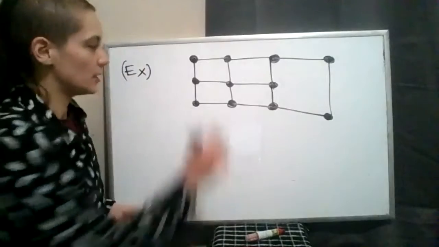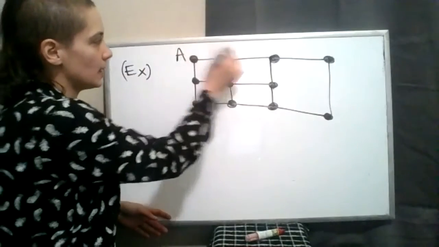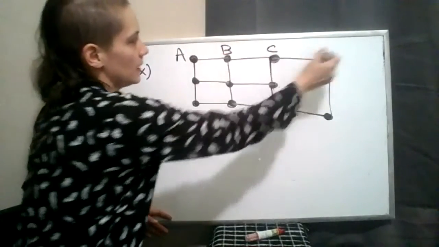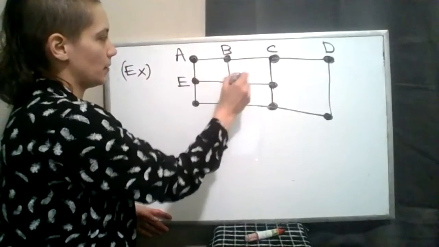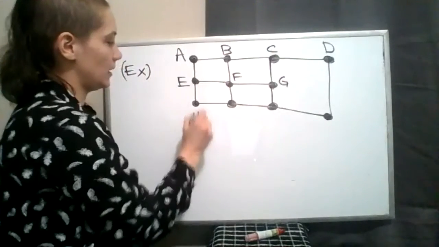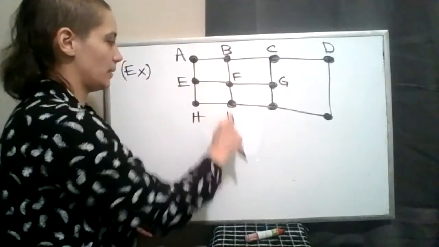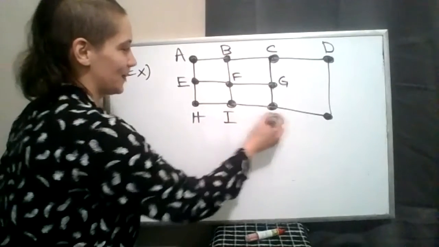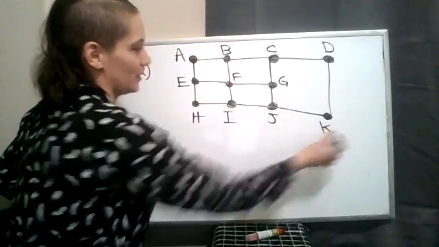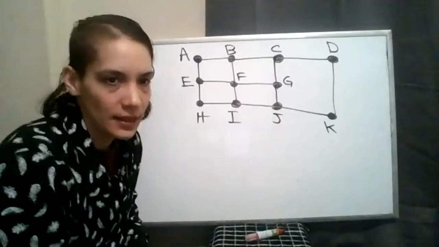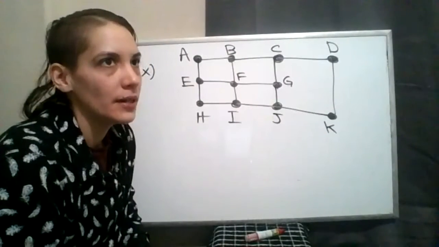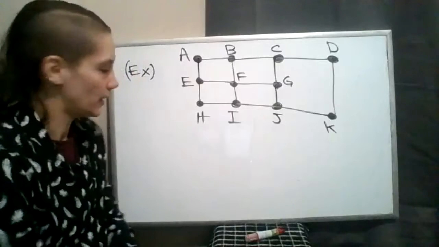Let's start with labeling it like A, B, C, D, E, F, G, H, I, J. Okay. Let's try to find a Euler path.